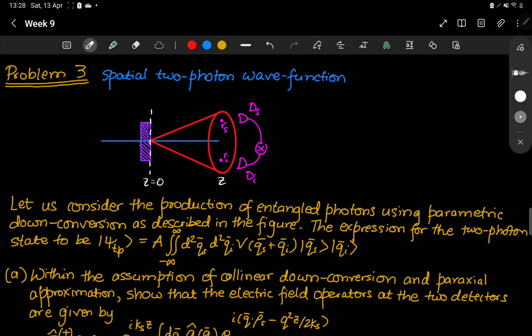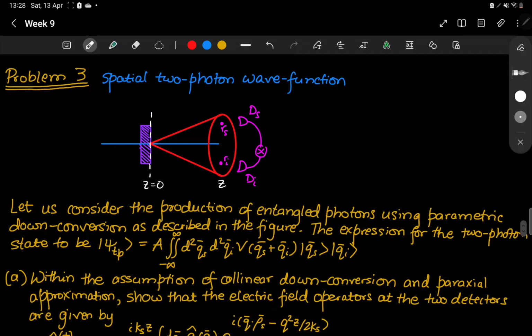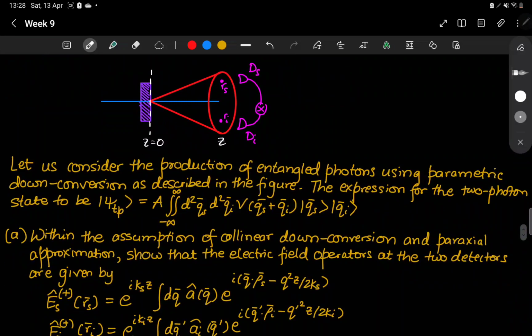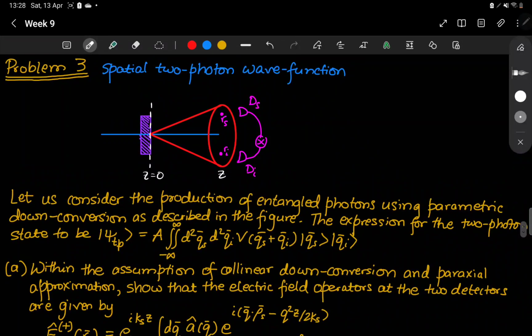Okay, so let me read problem number 3. This is for spatial two-photon wave function. Let us consider the production of entangled photons using parametric down conversion as described in the figure. So this is the figure. We have a PDC crystal. Down conversion occurs at Z equal to 0, and then we have two detectors at Z.